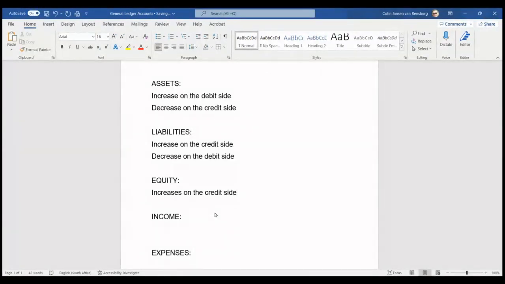Now we're going through this fairly slowly, but these principles are so important. I really cannot emphasize this enough, ladies and gentlemen. If you are new in financial accounting, and you do not understand these principles, then you're going to struggle with accounting forever. You're going to struggle with the rest of this year.